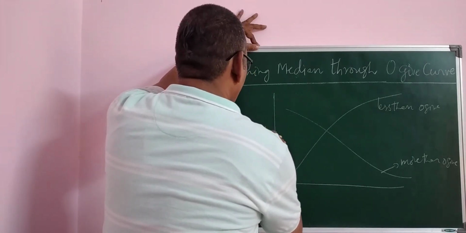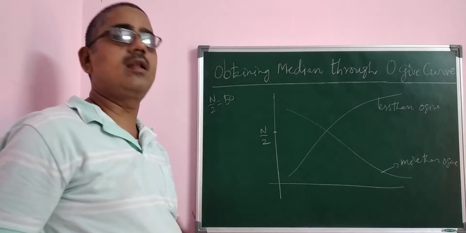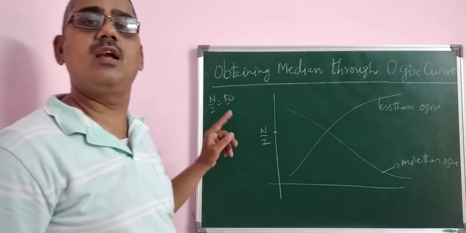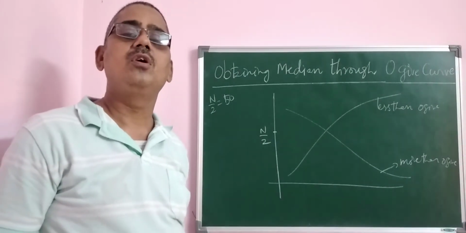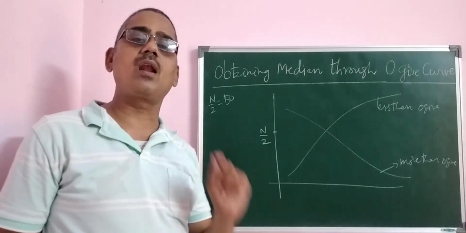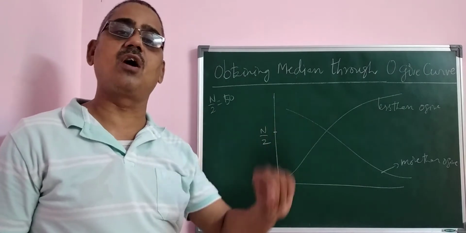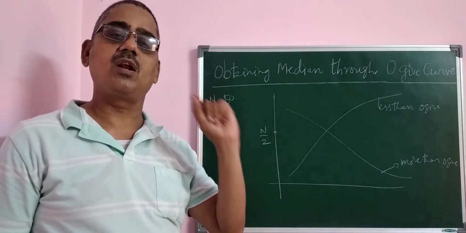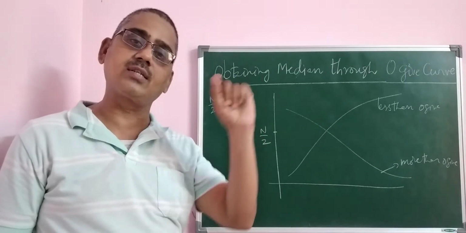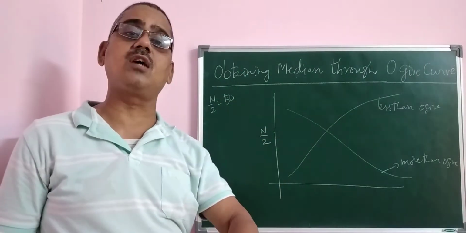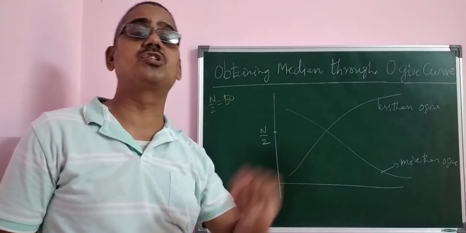Now, after taking the point n by 2, draw one particular line parallel to the x-axis, meeting the Ogive curve.